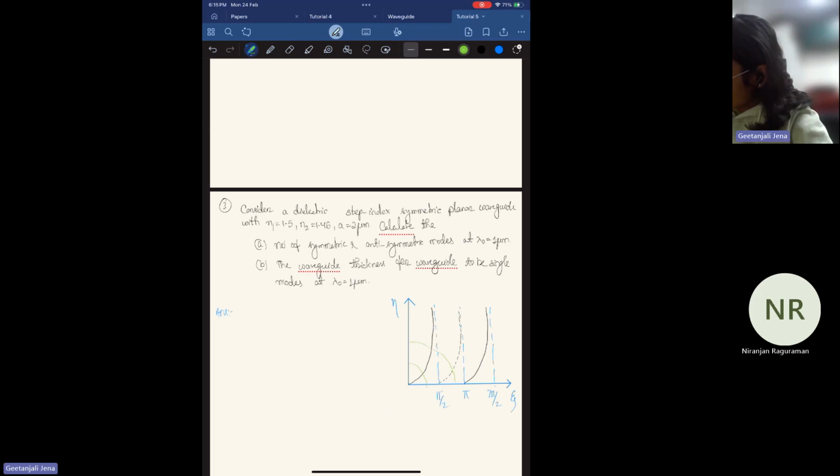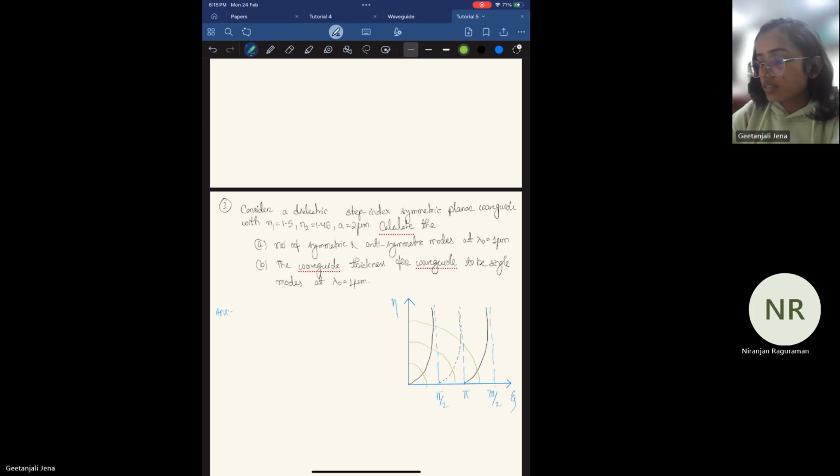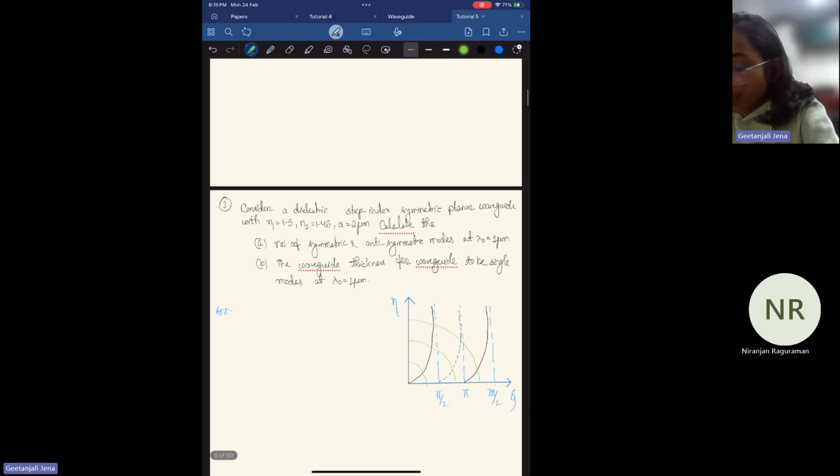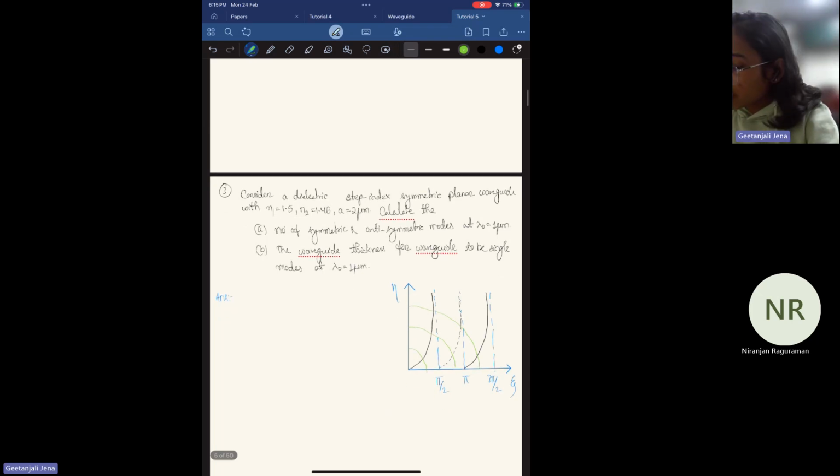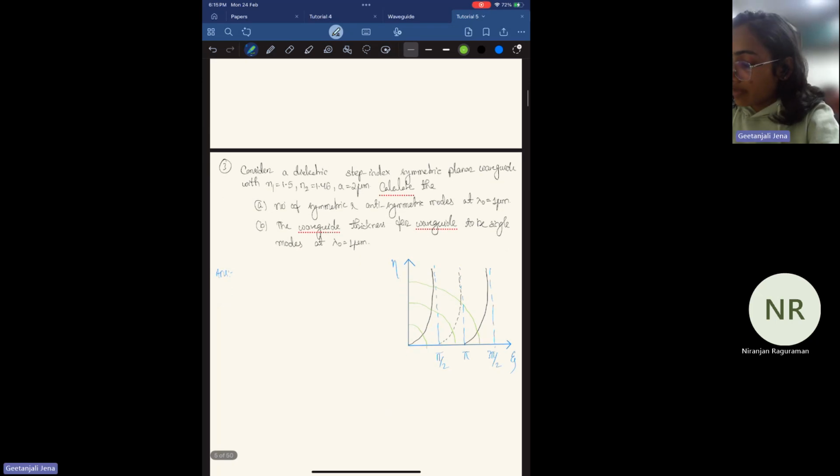So we have the dielectric step index symmetric planar waveguide, not written clearly. Okay, so if it is not visible, let me read it out. There is a dielectric step index symmetric planar waveguide, which has refractive index n1.